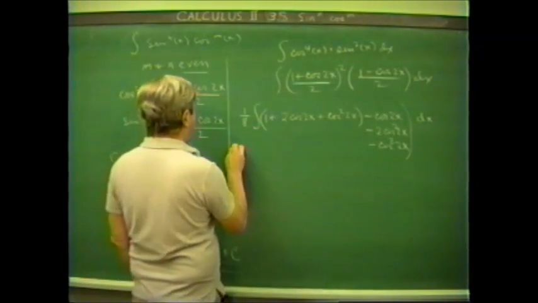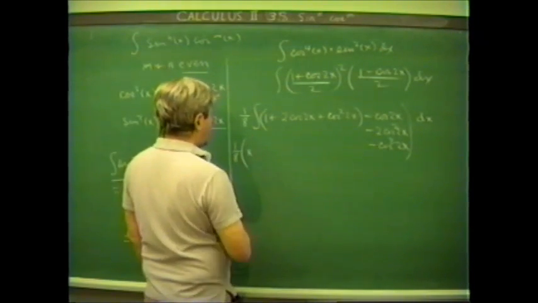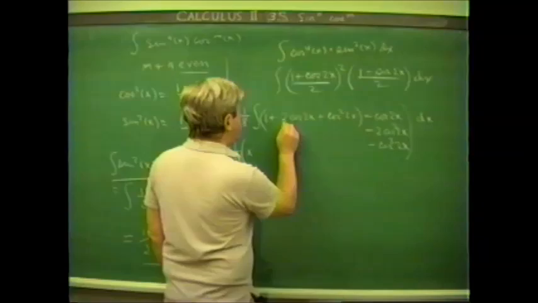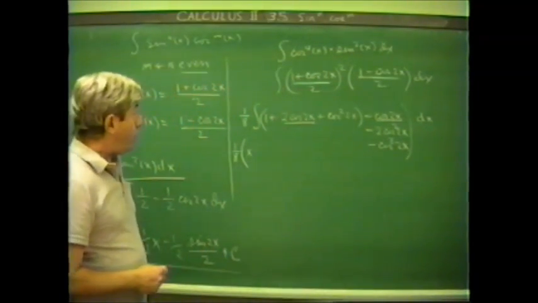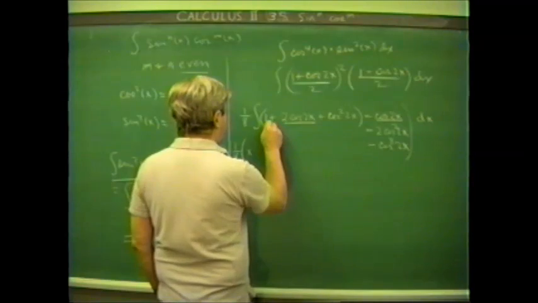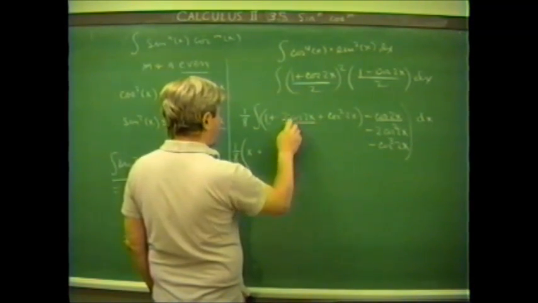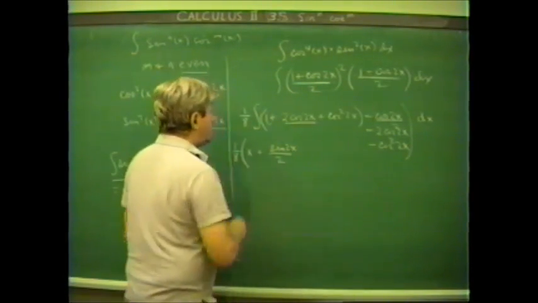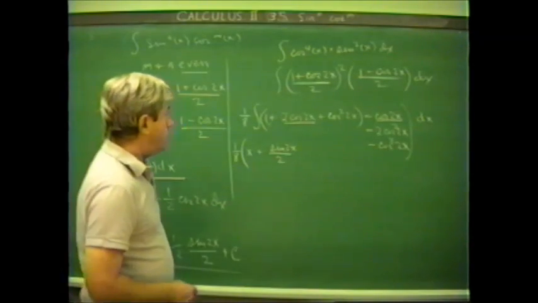Well, let's do what we can with this. We have 1/8. The antiderivative of 1 is x. The antiderivative of 2 cosine 2x: well, we've actually got 2 cosine 2x minus a cosine 2x here, so that's only 1 cosine 2x. So the antiderivative here is going to be plus the antiderivative of cosine 2x, which is sine of 2x over 2, since sine of 2x would give you cosine 2x times 2, so half of that.